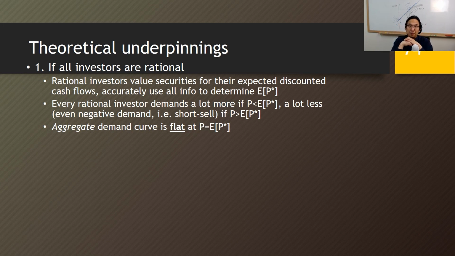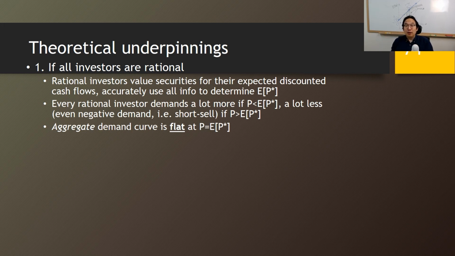Now, in that setting, if the price deviates downward from the fundamental value, how much would you demand? Well, everybody will say, wow, $1 lower than the true value, I buy, right?